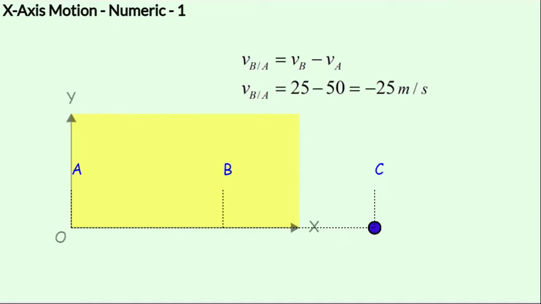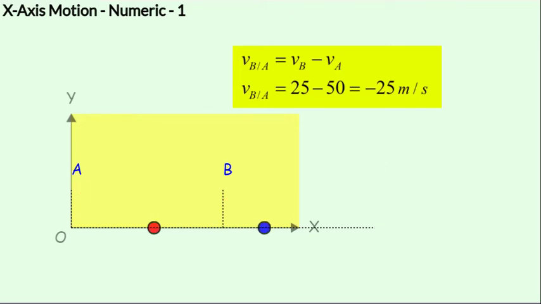Here the velocity of B with respect to A will be Vb minus Va, which is minus 25 meters per second. So A will really be seeing B approaching it along the negative direction of the x-axis.